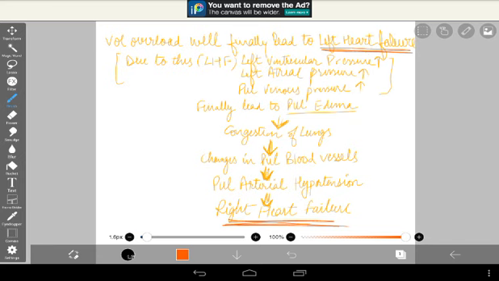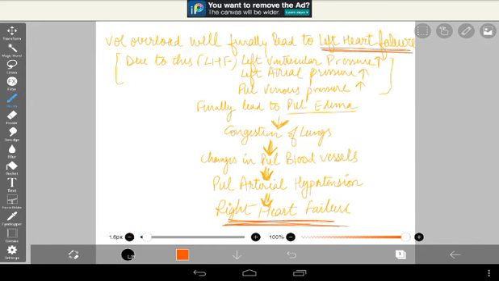As the pressure of the left atrium and ventricle increases, the pulmonary venous pressure, which is pumping blood into them, also increases. This finally leads to pulmonary edema, and then congestion of the lungs will occur.